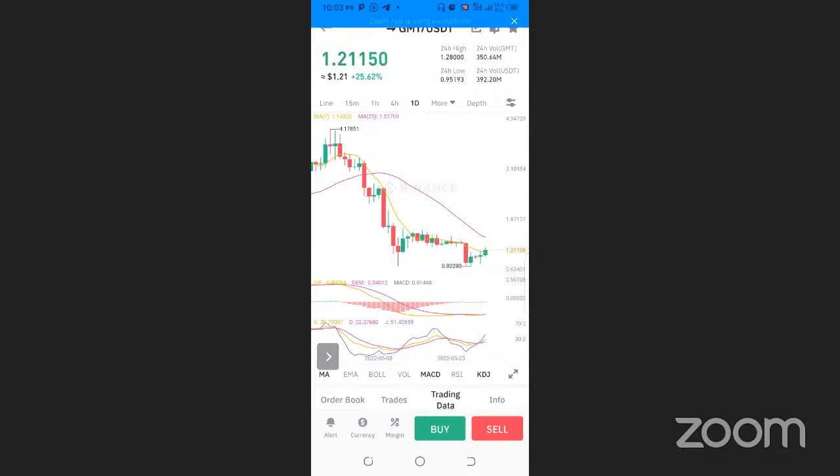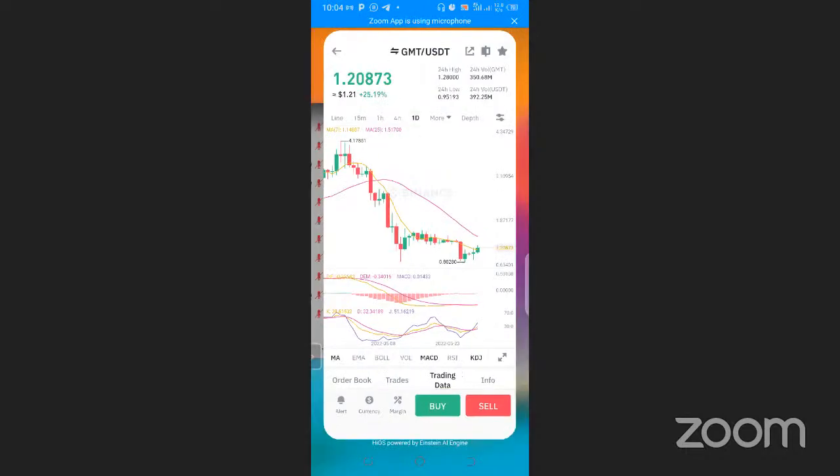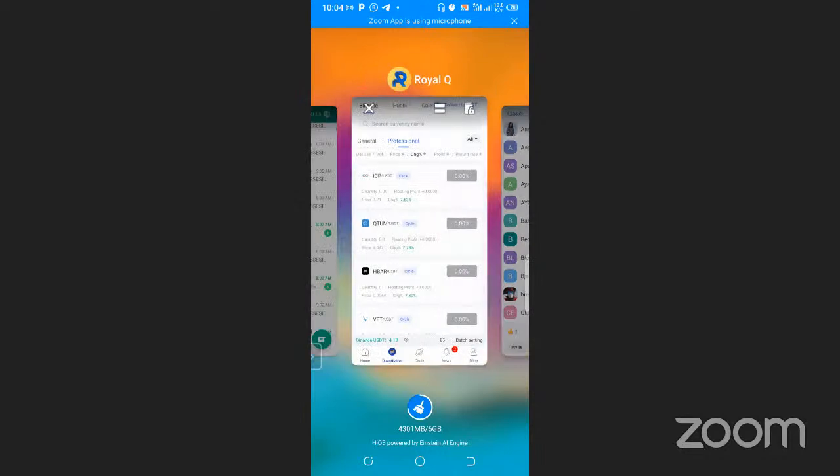So what we are going to do, we can only take 2.5% or 3%. You understand me? We can only take 2.5% or 3%.